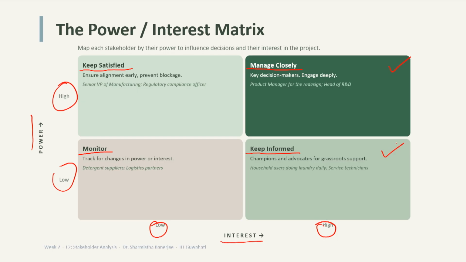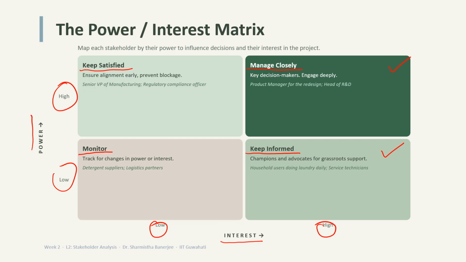Now let's take the low power but high interest. That category we will be calling keep informed. These are the people who are champions and advocates for grassroots support. Let's say I have household users who are doing laundry daily, or service technicians who have to go every time the machine breaks down.